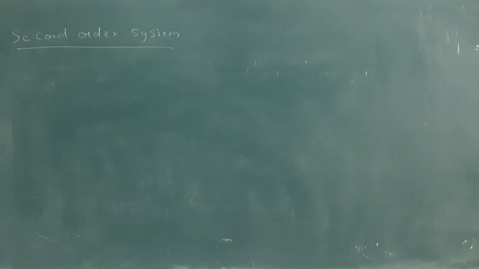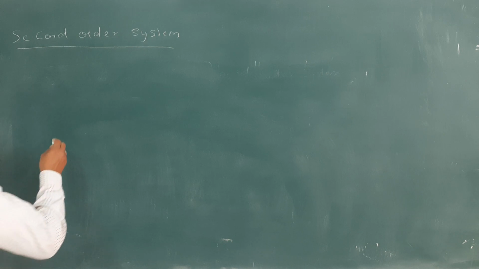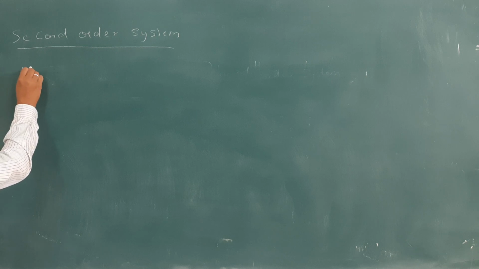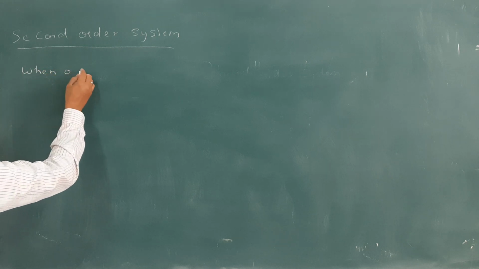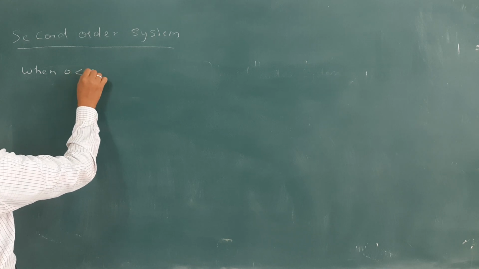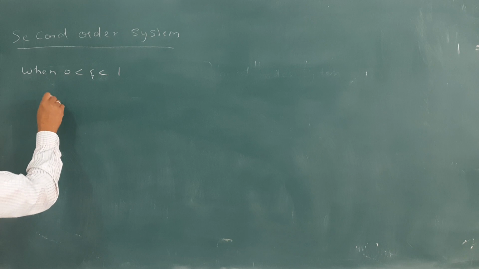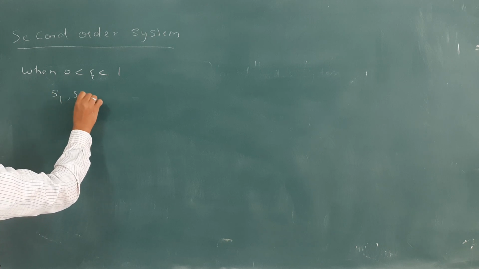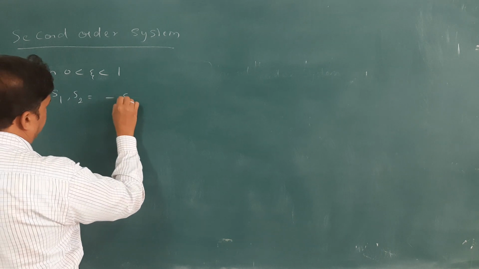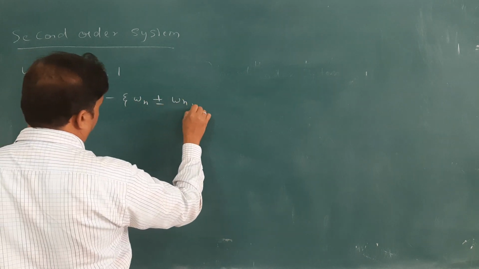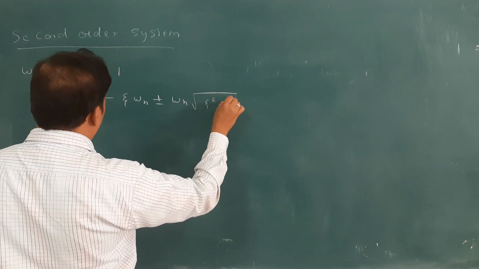So we have seen undamped, critically damped and overdamped. Now the other one is underdamped, when 0 is less than zeta less than 1, meaning the value of zeta is between 0 and 1. Then the roots S1 comma S2 are equal to minus zeta omega n plus or minus omega n into square root of zeta square minus 1.